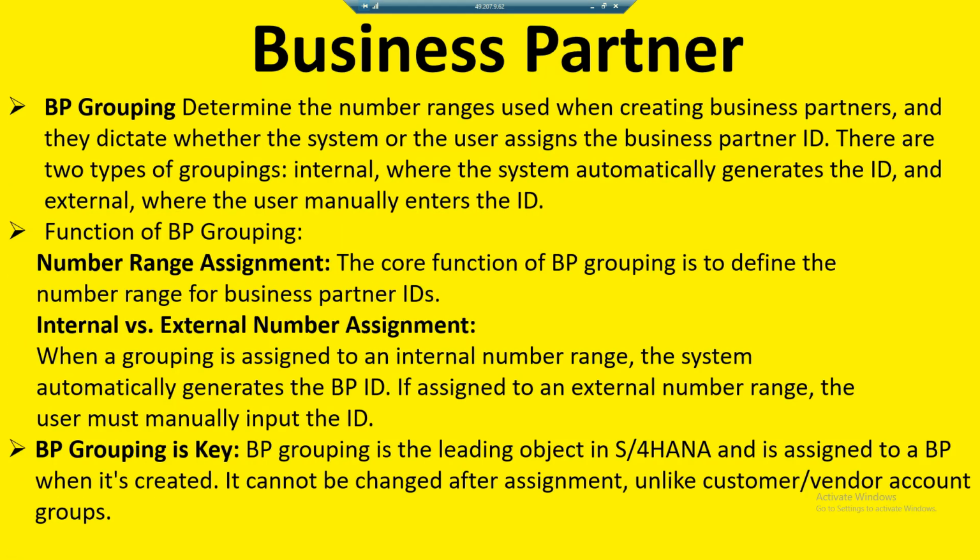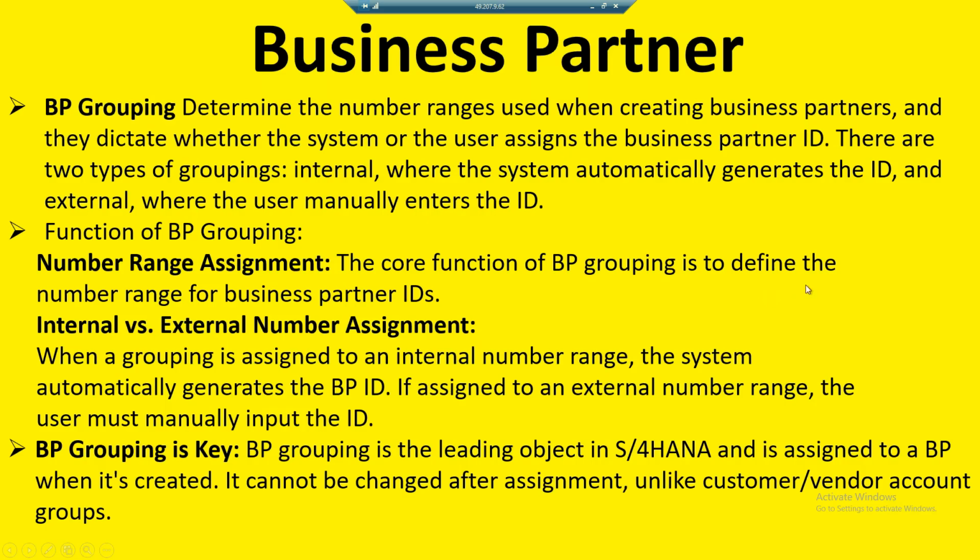If we go to BP grouping, it determines the number ranges used when creating business partners, and they dictate whether the system or the user assigns a business partner ID. There are two types of groupings: internal, where the system automatically generates the ID, and external, where the user manually enters the ID. What is the function of BP grouping? Number range assignment.